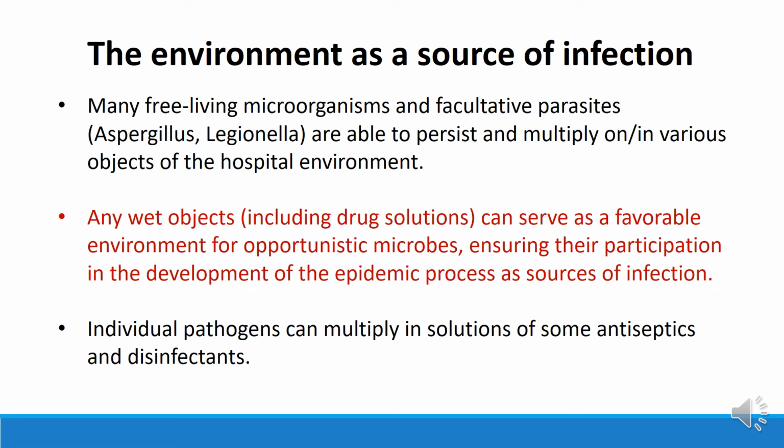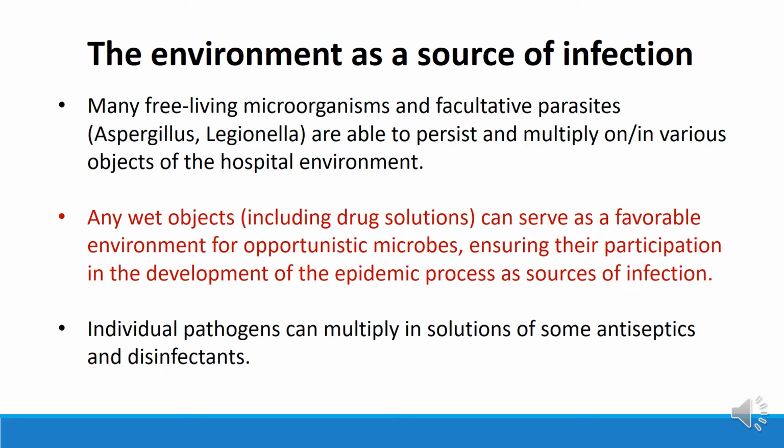So, the next source of infection: the environment. Many free-living microorganisms and facultative parasites, for example Aspergillus and Legionella, are able to persist and multiply on or in various objects of the hospital environment.